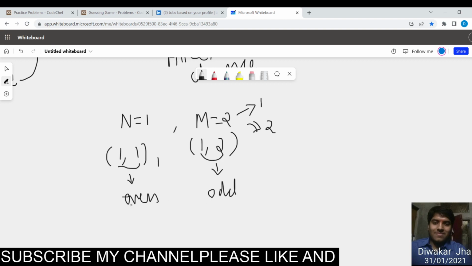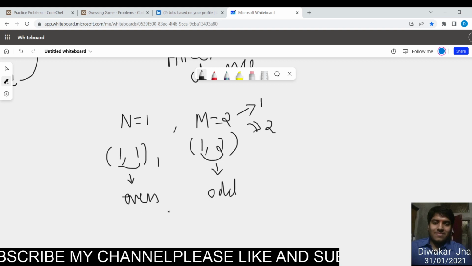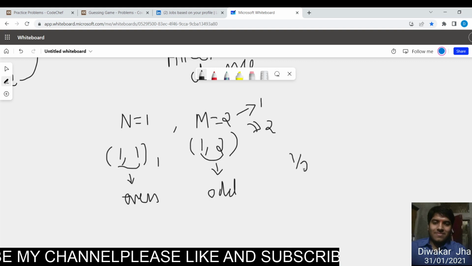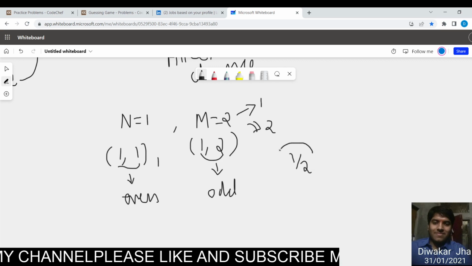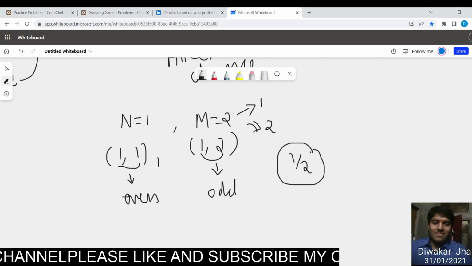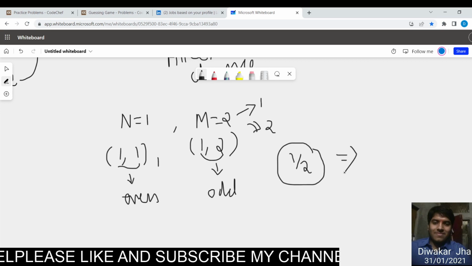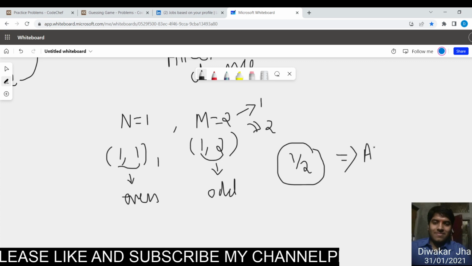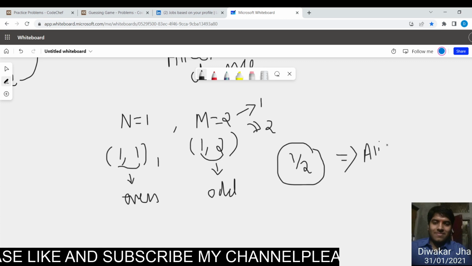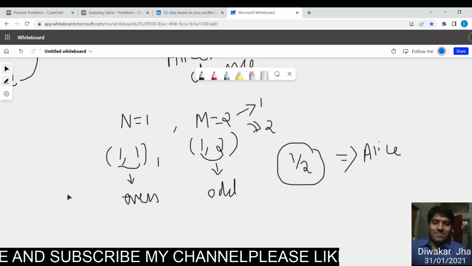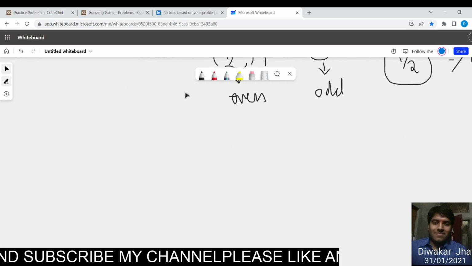So the probability for each of Alice and Bob will be half. The probability of Alice going for the water is 1 by 2, which is half. I hope you all understood very well. Now let us discuss another test case.